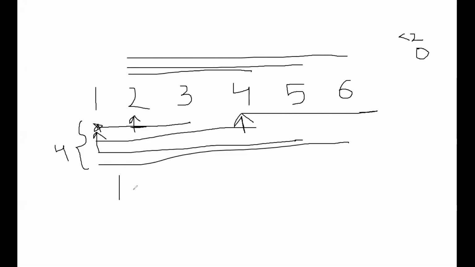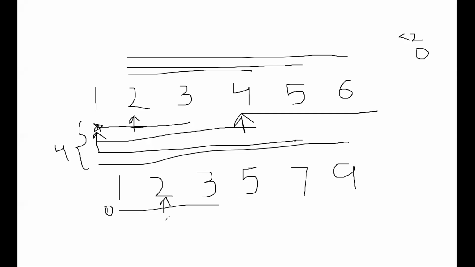If you take the other example, the one that we talked about, 1, 2, 3, 5, 7, 9. Yeah, 5, 7, 9. Okay, you start from 1, 1, 2, 3. It satisfies the condition. 1, 2, 3, 5, it doesn't satisfy the condition. So we know starting from 1, we only have 1 count. Then we jump to 2. 2, 3, 5, does it satisfy the condition?